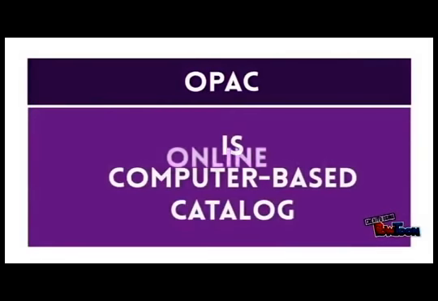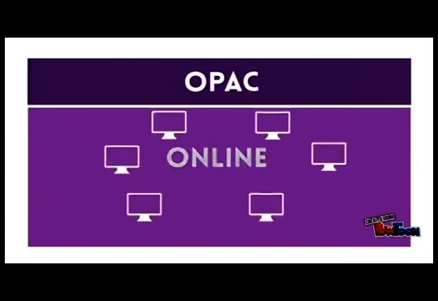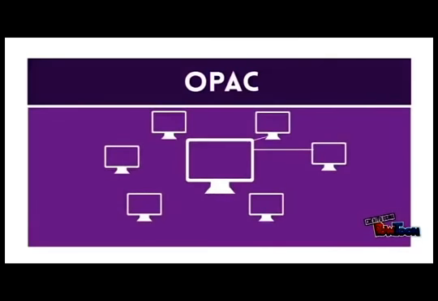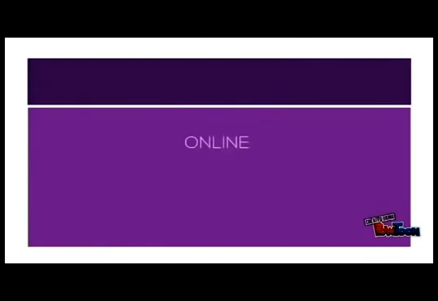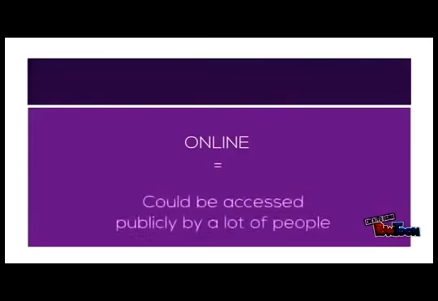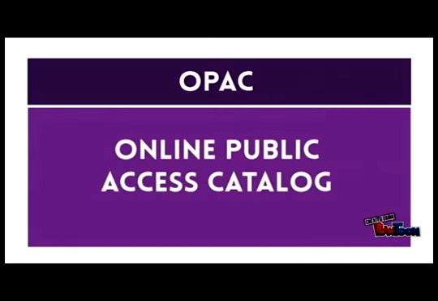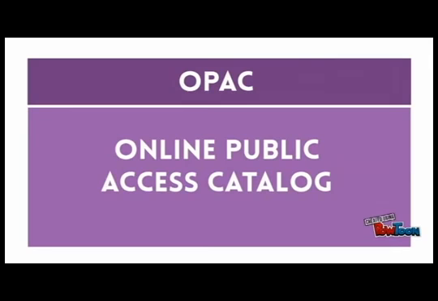As the word online suggests, it can be accessed through different computers that are connected to the central computer. Because it is online, it can be accessed publicly, not one-on-one like the card catalog. That is why it is called Online Public Access Catalog.